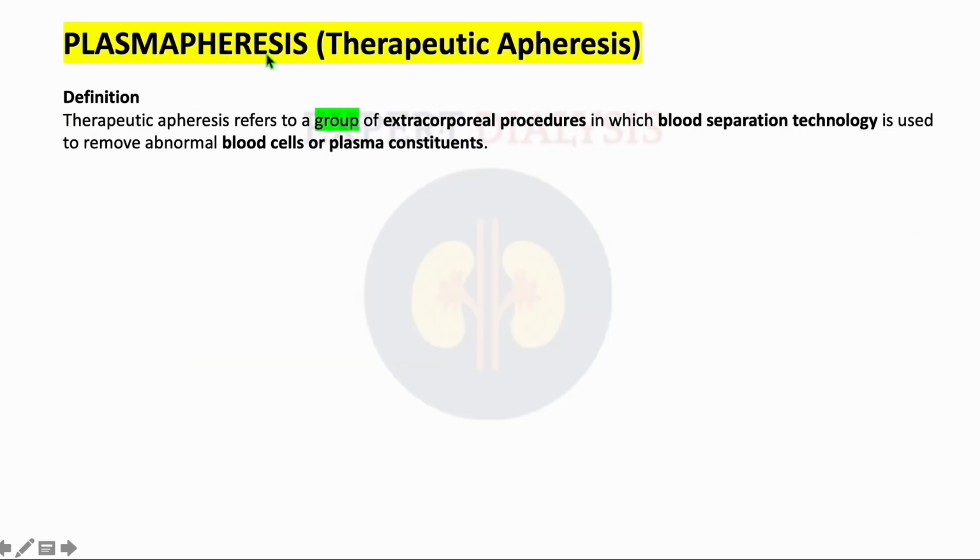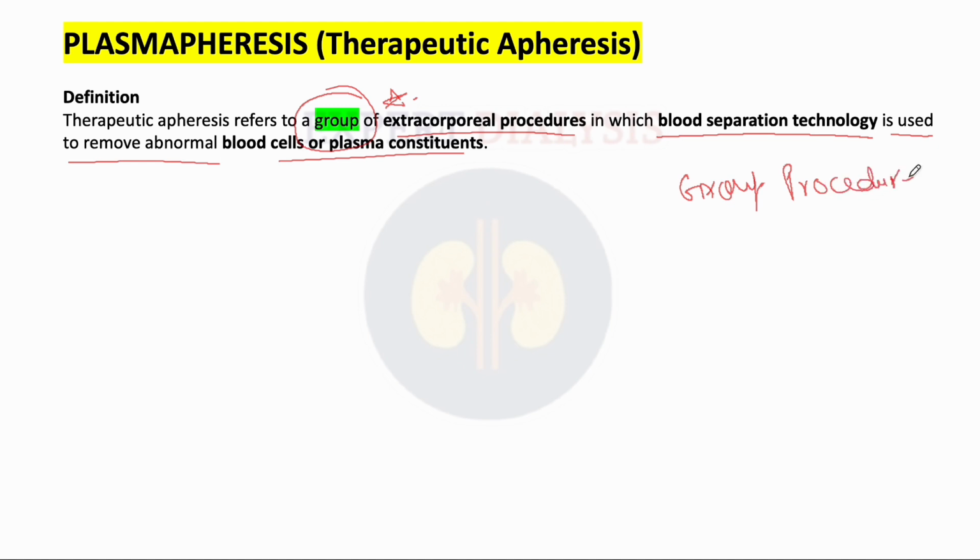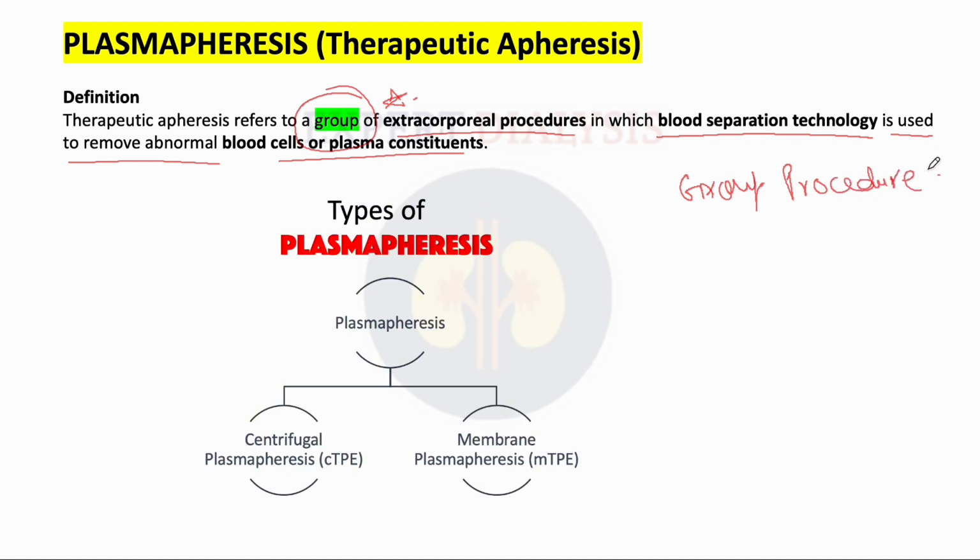Earlier while discussing the definition, we saw that therapeutic apheresis refers to a group of extracorporeal procedures in which blood separation technology is used to remove abnormal blood cells or plasma constituents. So it is not a single procedure, it is a group of procedures, and there are many methods of doing this. Let's see what those methods are. Broadly, there are two types of plasmapheresis.